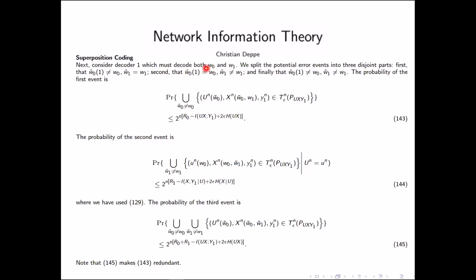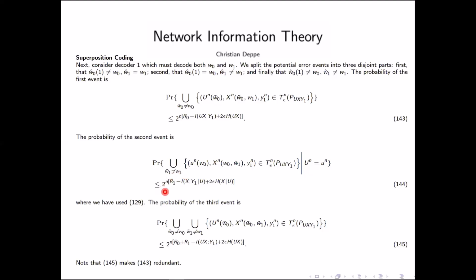That means the estimate of the cloud center was correct, but the estimation of the satellite was wrong. So that means that this part is not typical under the condition that U^n is equal to u^n. That means we have to take the union over all w tilde 1 which are not equal to w1.